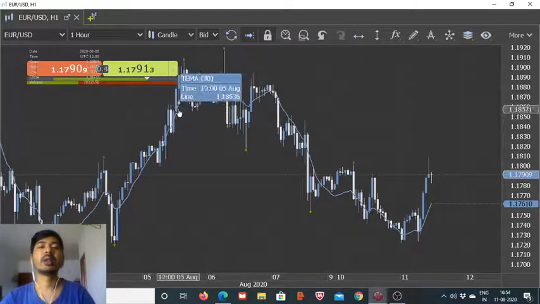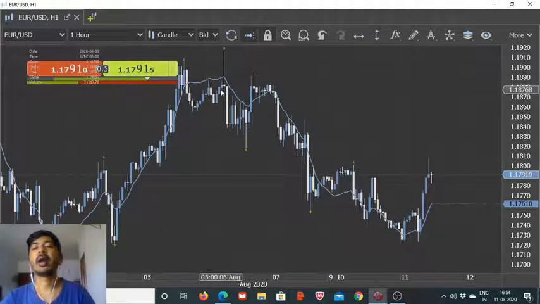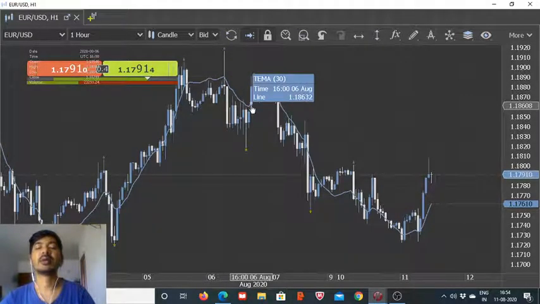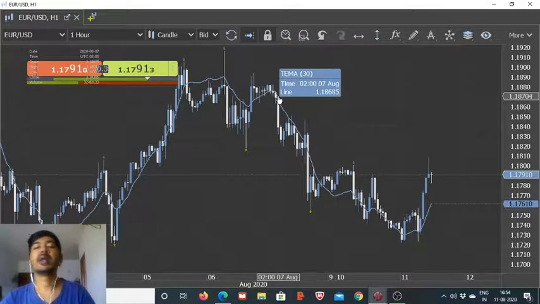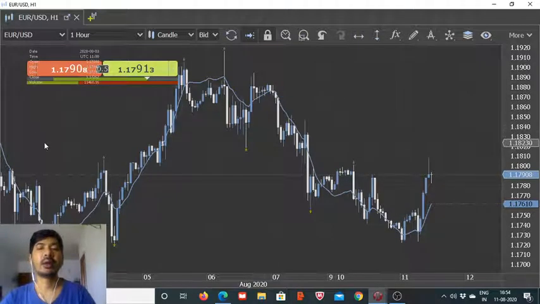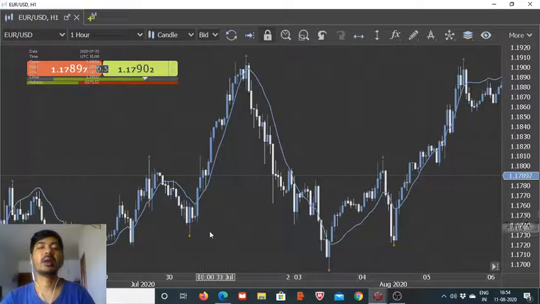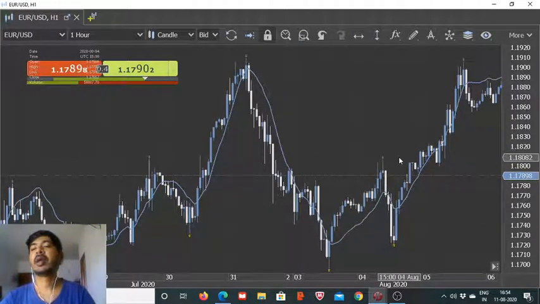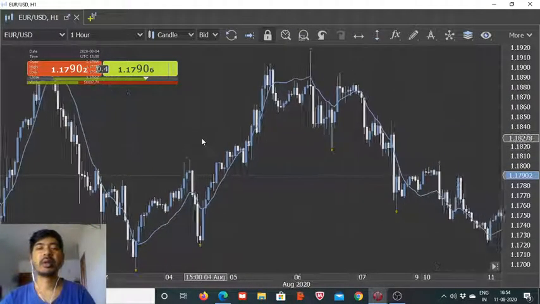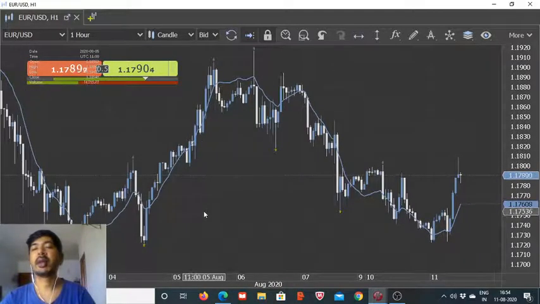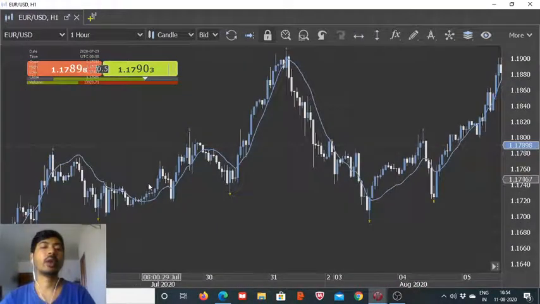As you can see, there is not much lag, and as and when there is a change in the momentum, we see that being reflected, not immediately, but still fairly quickly, in the TEMA.